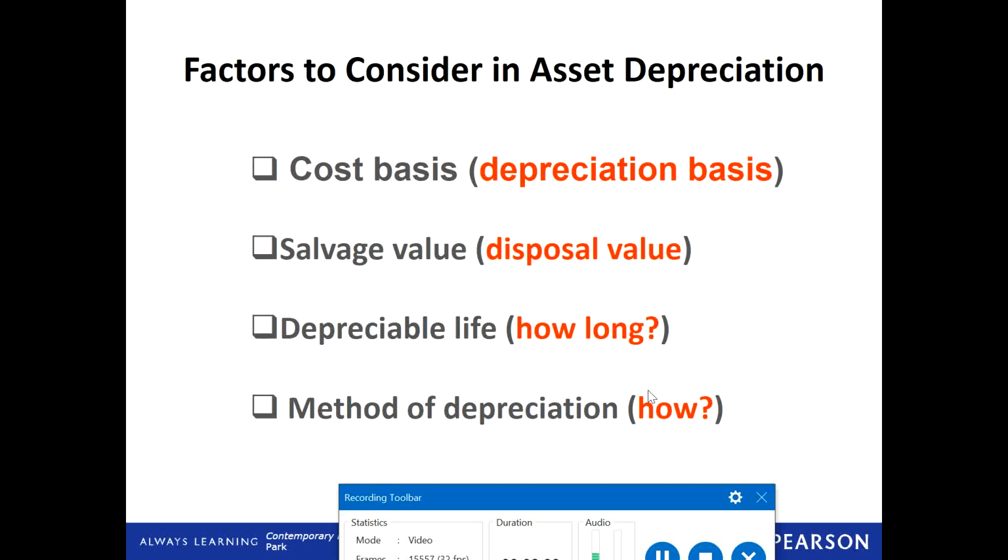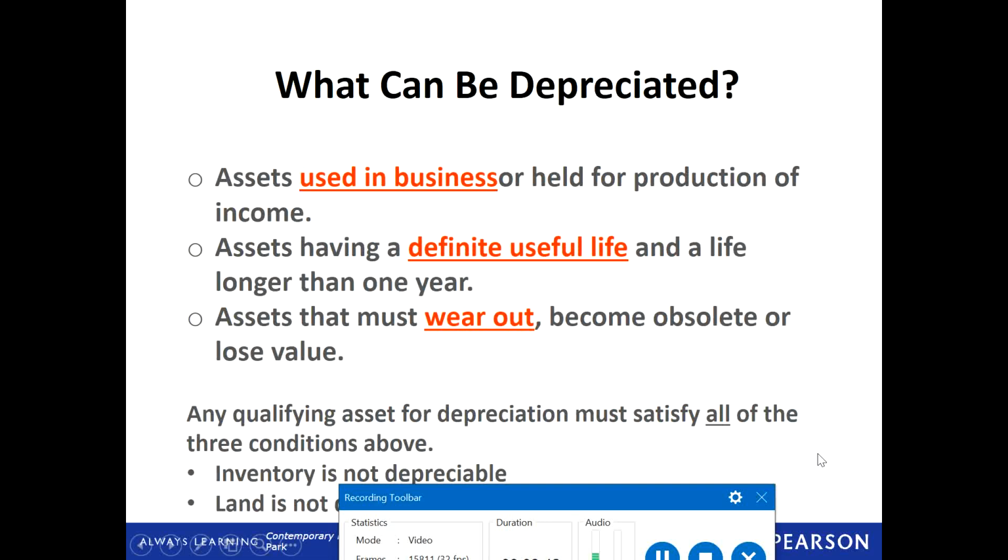Now next thing is what can be depreciated, which assets can be depreciated, right? Remember, we have accounts receivable, we have inventory, right? Now which assets need to be depreciated?